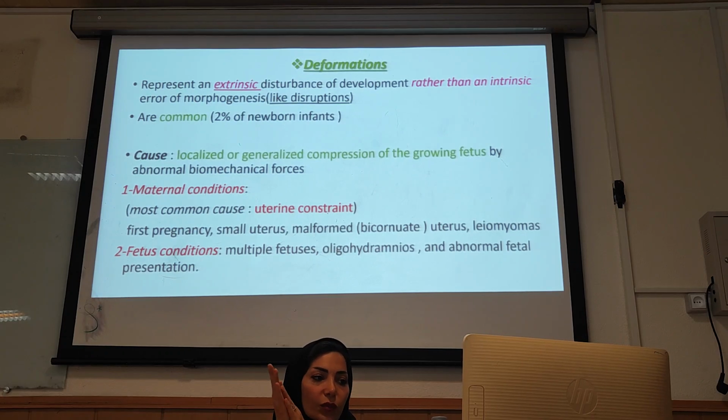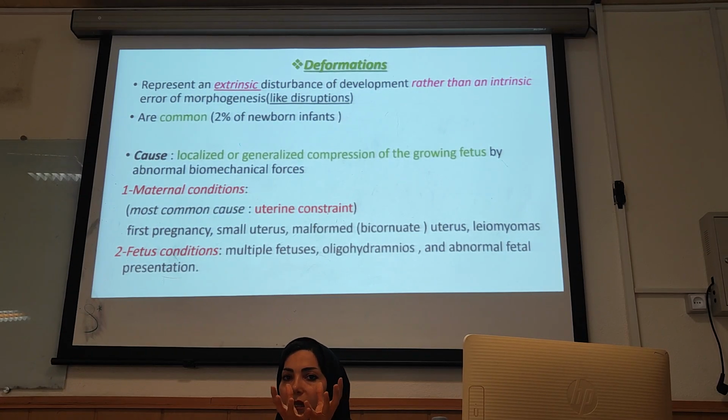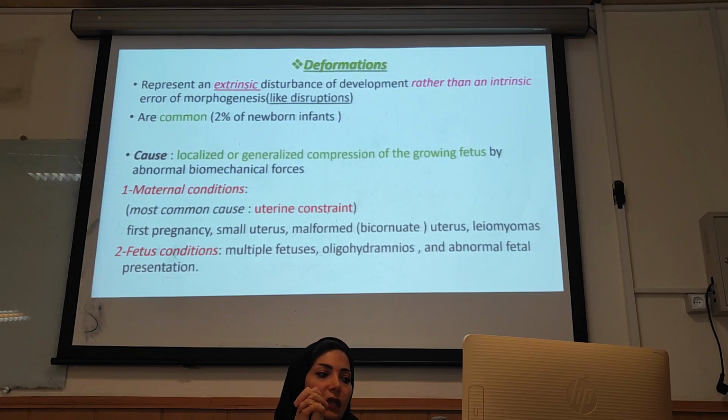Leakage of the amniotic fluid that surrounds the fetus leads to less movement of the fetus. So compression of the uterus on the fetus is more than before, and deformation would be happening.